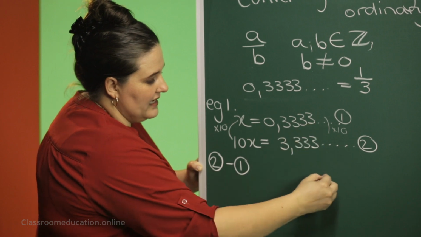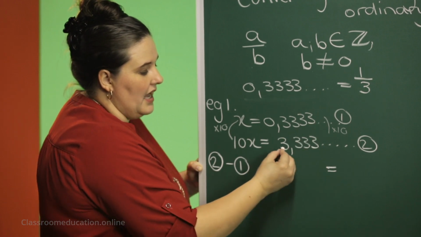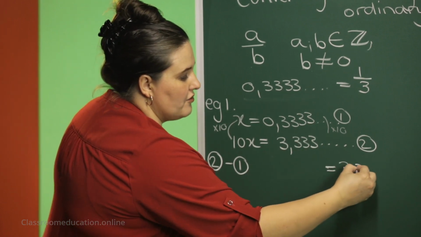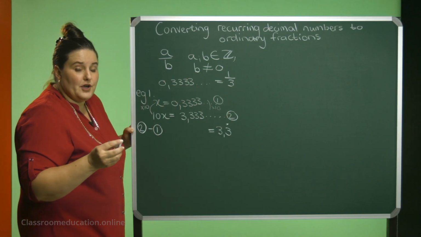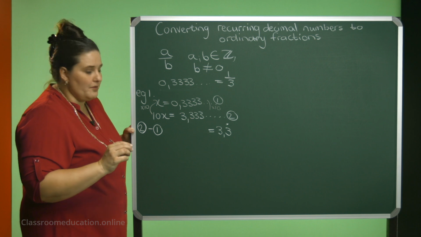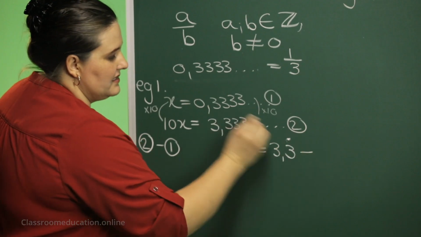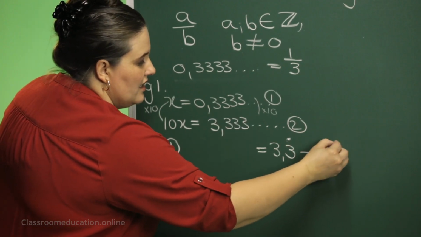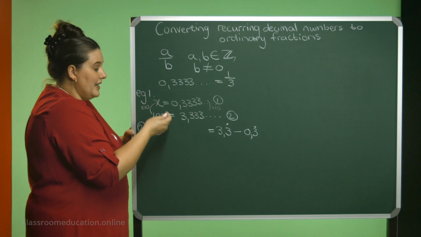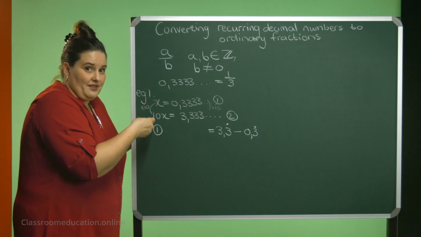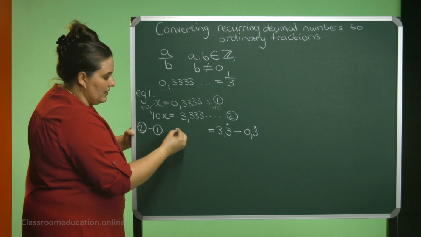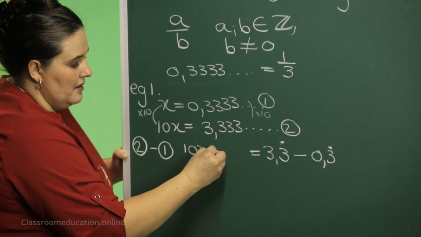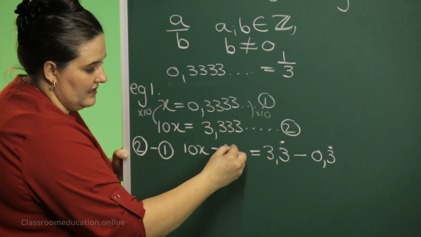So on my right-hand side of the equal sign, I will have 3,3 recurring. You remember that if we write a recurring number, we put the dot on the recurring part, minus 0,3 recurring. But I need to do it with the x part as well. So on the left-hand side of my equal sign, I will have 10x minus x.